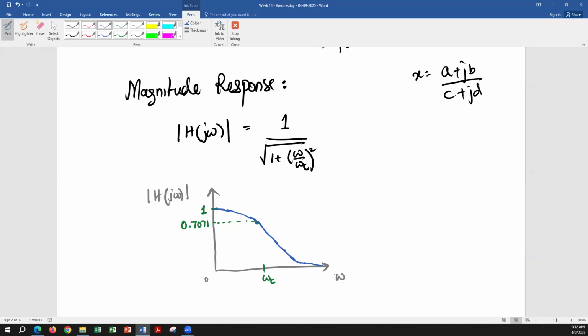Logarithmic scale means that every time you multiply the frequency by 10, going from 0.1 to 1, 1 to 10, 10 to 100 hertz, 100 to 1000 hertz, every time you increase the frequency tenfold, the distance between each tenfold of frequency on the x-axis is going to be the same.